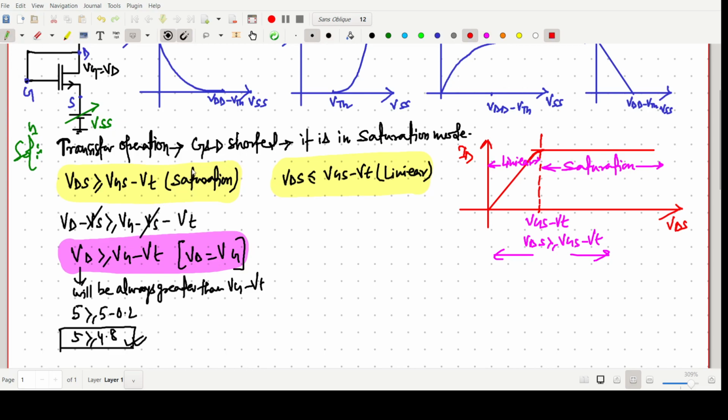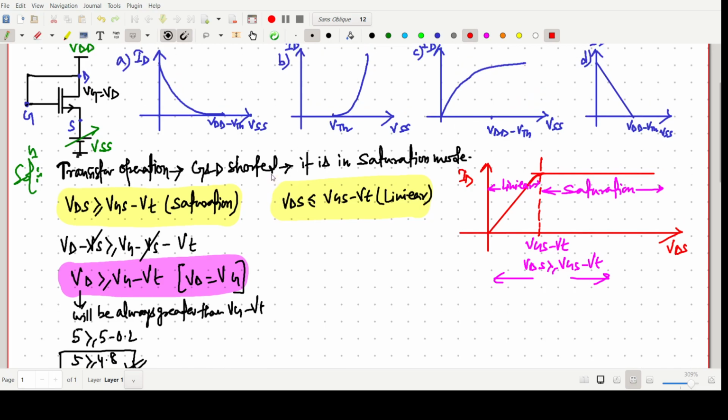Now we have to think about the plot. Since it is in the saturation region, we write the drain current equation. The drain current in saturation is ID equals mu n Cox W by L times (VGS minus VT) whole square. No need to think about the linear region.